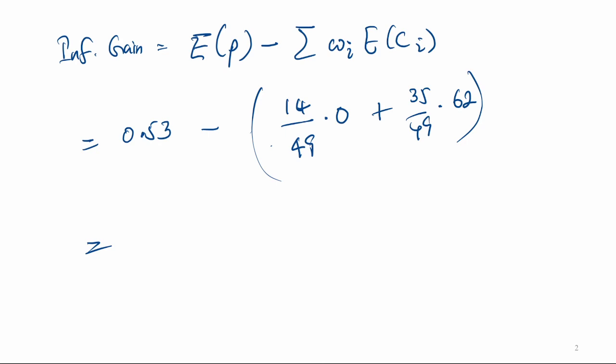I hope you can calculate this with me. 0.53 minus 0, and then 35 over 49 times 0.62.